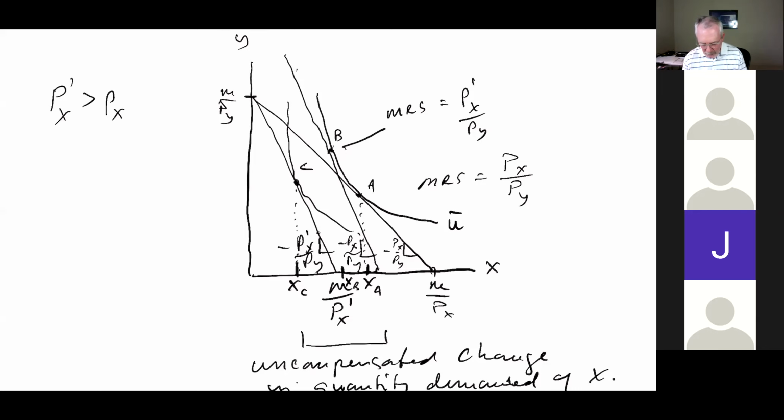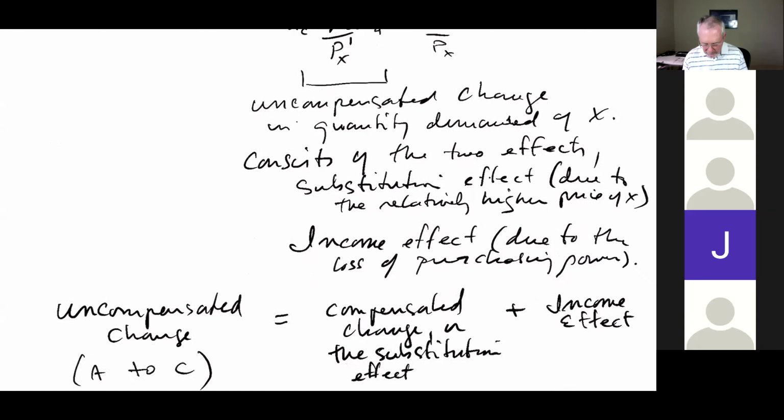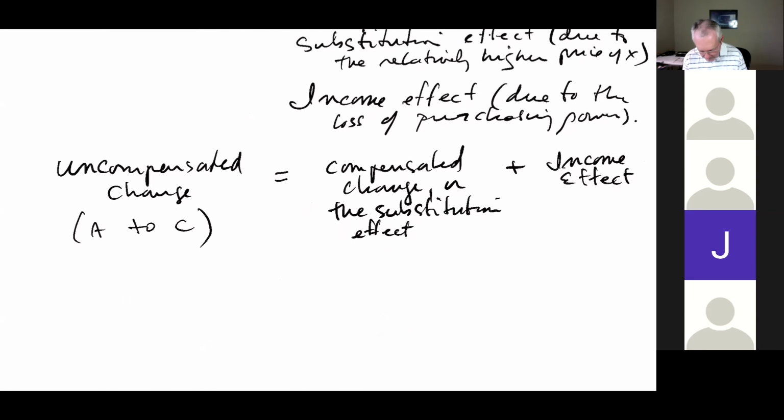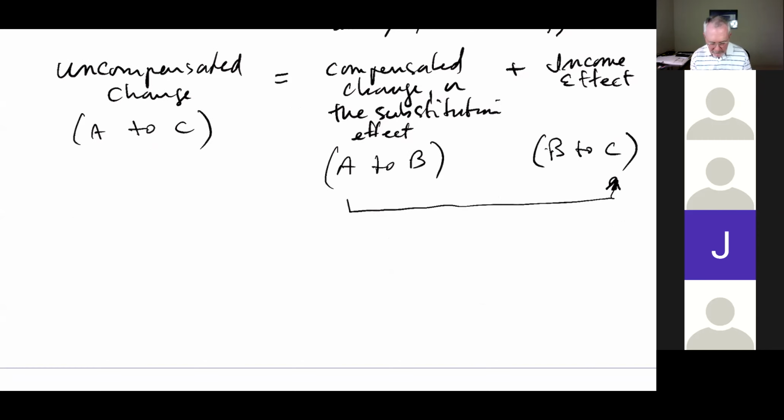All right, so what do I have here? I've got at point B, I have the substitution effect, and then I have this movement from B to C, which is the income effect. So from A to B is my substitution effect, and from B to C is my income effect. But you can see when I add these two together, I get from A to C by virtue of these two separate effects.